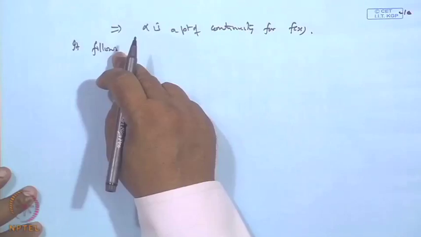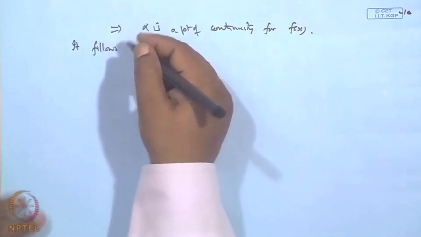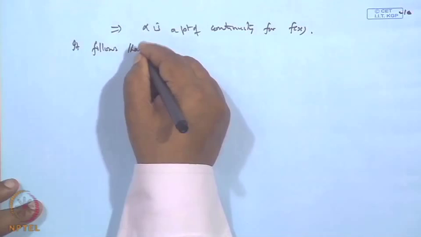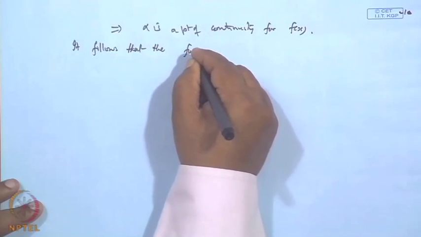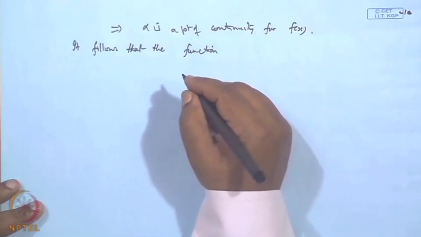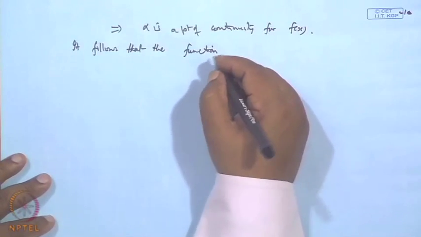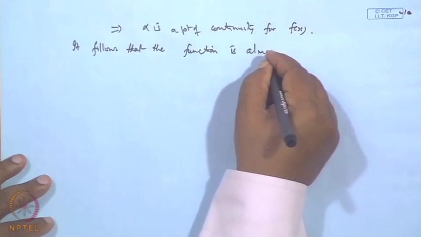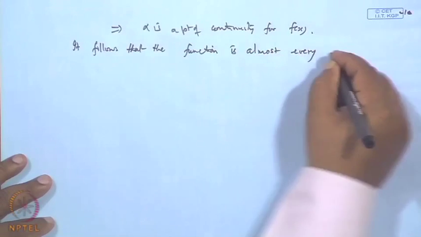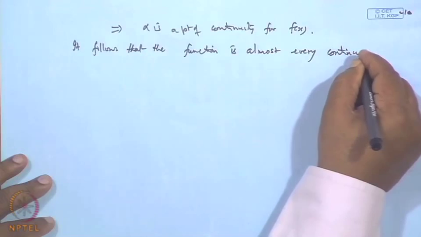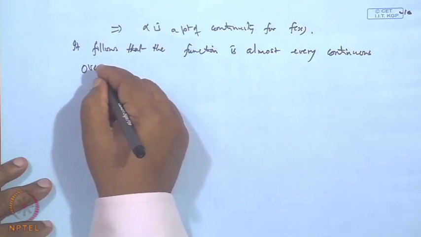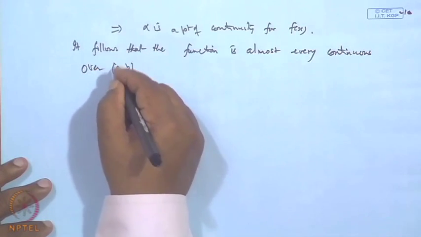So, it follows that the function f x, which is the limiting function, is almost everywhere continuous over the interval a b. Okay.